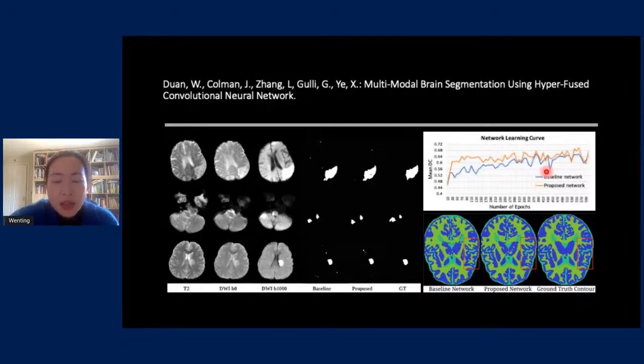You can see clearly how our proposed network has converged better and also produces higher segmentation accuracy. So the experimental results demonstrate the effectiveness of our proposed network and its capability of tackling challenging multimodal segmentation tasks, such as this one, which is the stroke lesion segmentation, and this one, the infant brain segmentation.